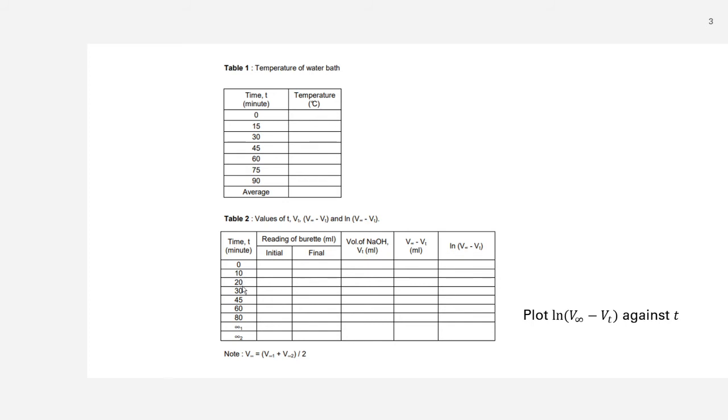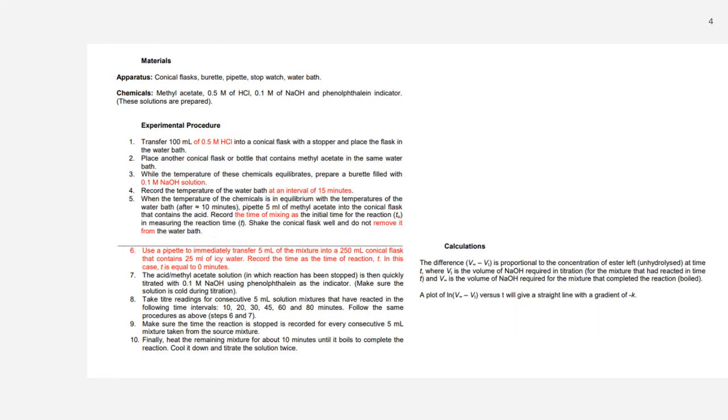It doesn't mean that you have to follow the timing here. You follow according to what the timer actually says. If it says 10.21, 10.1, 20.15, 20.5, you actually record the exact time, which is accurate, and not just 10, 20, 30, 45, 60, and 80.